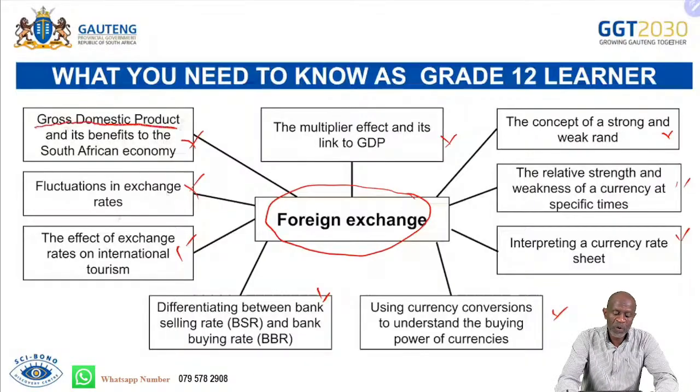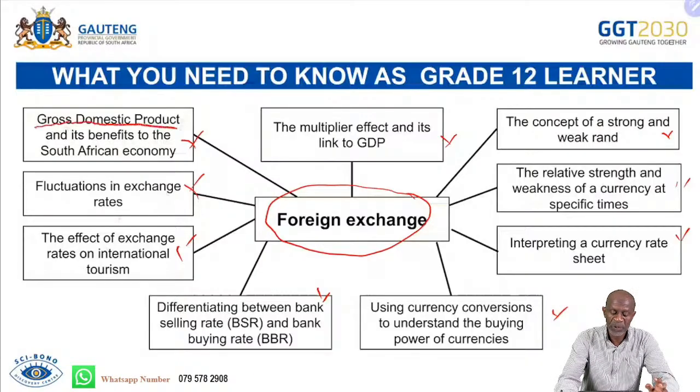We are also going to look at the effect of exchange rate on international tourism, how exchange rates affect movement across the globe, how foreign exchange determines where to travel and at what time, during which the currency is either weak or strong.